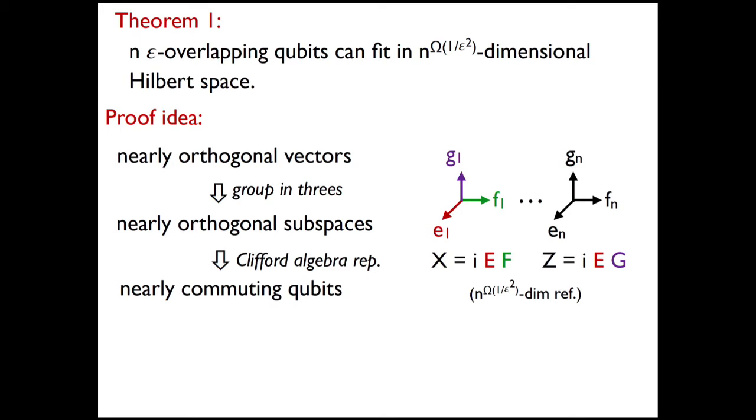Then, if we associate each vector with a matrix from the representation of the Clifford algebra, you can easily get n pairs of reflections having this simple form. The proof is very simple if you get the idea. It's just linear algebra. One thing to note is that our theorem only works for overlap at least square root of log n over n.